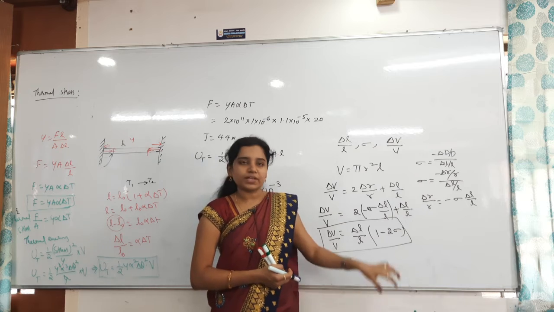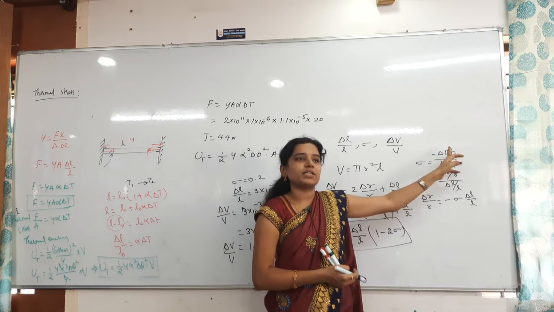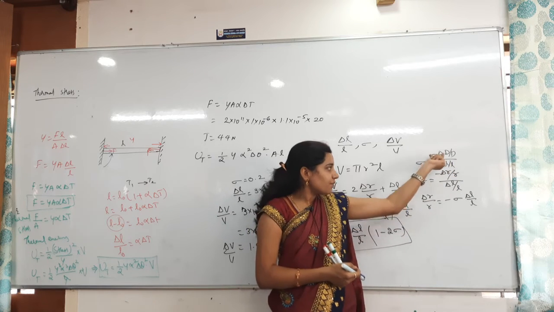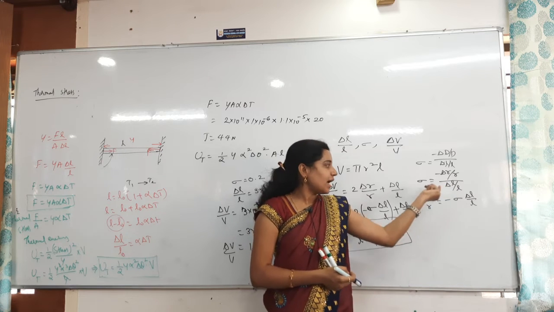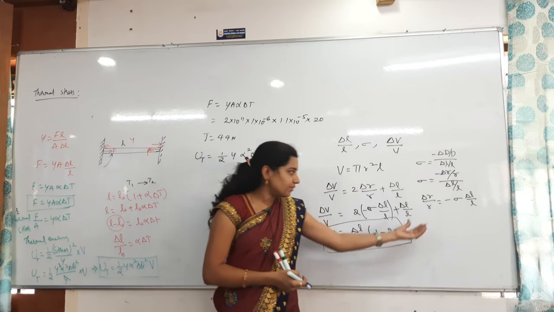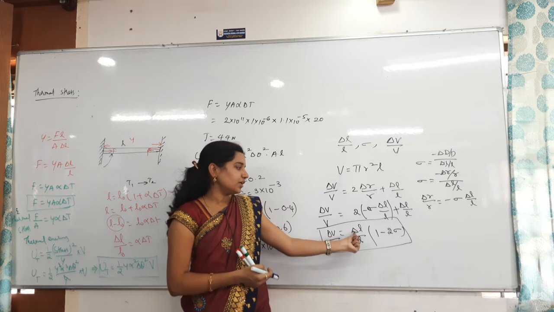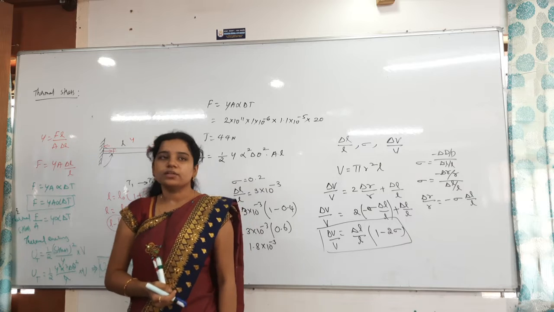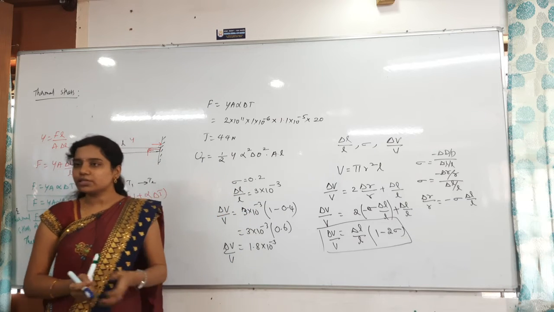So for delta R by R, we take sigma is equal to minus delta D by D divided by delta L by L. Instead of delta D by D, I can write delta R by R. So delta R by R is equal to minus sigma into delta L by L. That value exactly I substituted here, and then delta V by V is equal to delta L by L into 1 minus 2 sigma. Clear? In the problem we can substitute directly in that and get the answer. Clear?